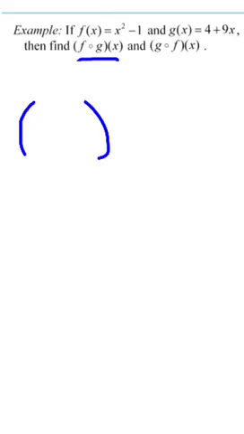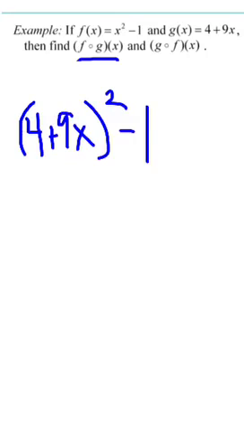So we have 4 plus 9x squared minus 1, and probably you will need to FOIL out the 4 plus 9x.